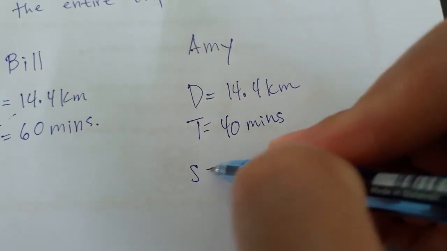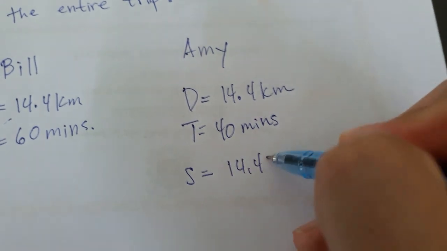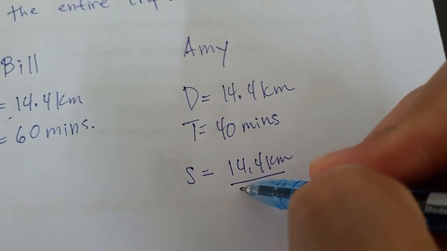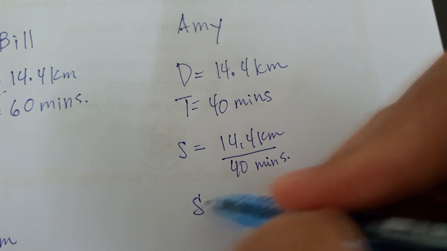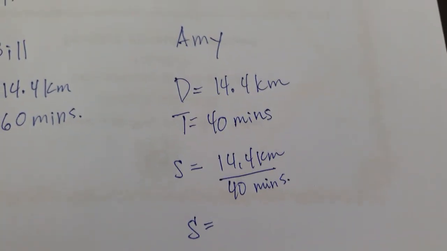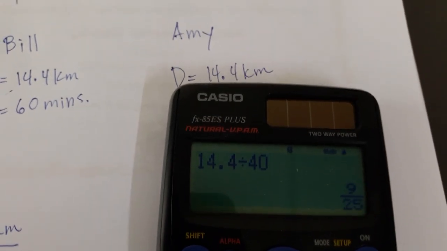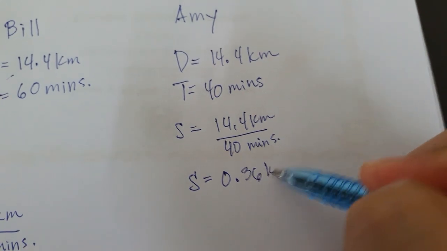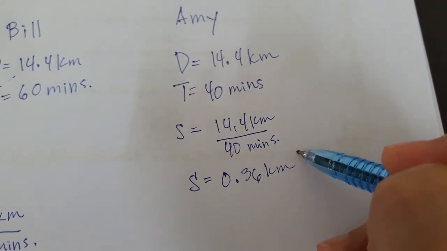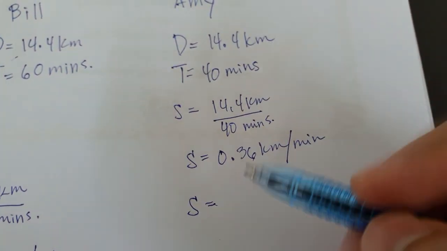So the average speed, we have 14.4 kilometers over 40 minutes. 14.4 divided by 40, we have 0.36 kilometers per minute. Now again, let us convert to meters per second.